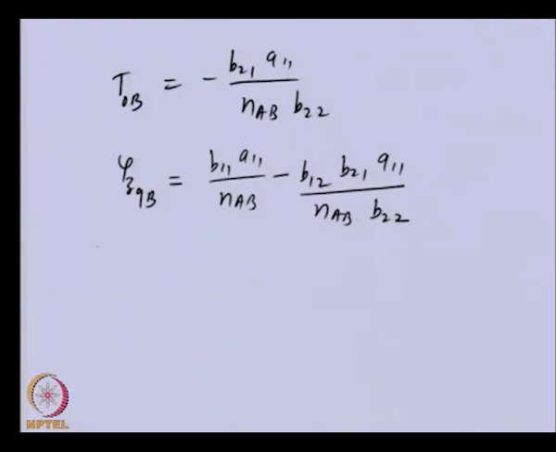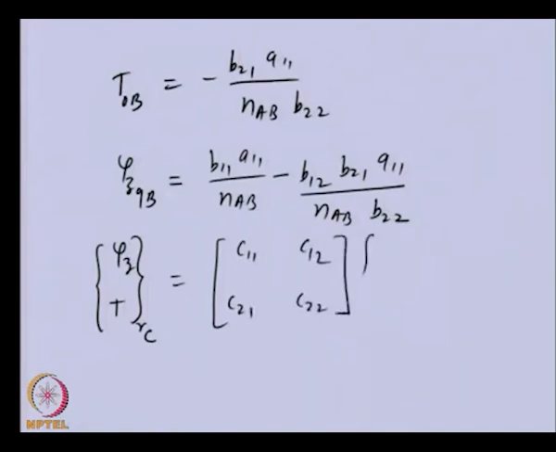For the third branch, that is the C branch, we can write the expanded form. So here we have R C is equal to C11, C12, C21, C22, phi z and t, and this is the zeroth station of branch C. Here the boundary condition is, because this end is free, so this is 0, and using the gear ratio between branch A and C, we can write this as we did earlier.